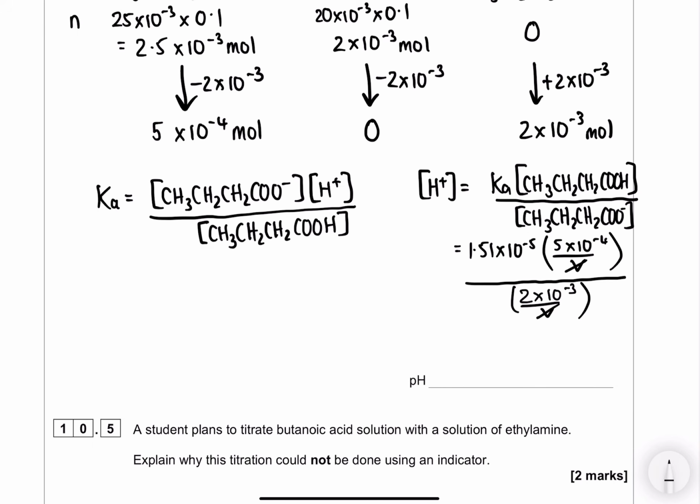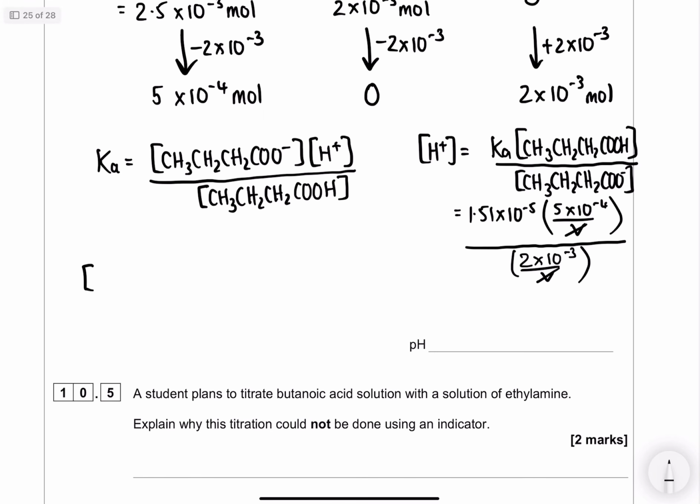So the volumes are going to cancel, and I can calculate my H+ value on my calculator without the volumes. So I'm going to use my calculator: 1.51 times 10 to the minus 5 times 5 times 10 to the minus 4 divided by 2 times 10 to the minus 3. And I'm getting a hydrogen ion concentration of 3.775 times 10 to the minus 6.